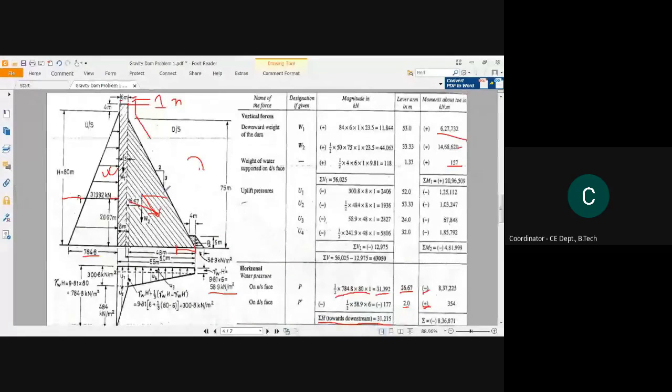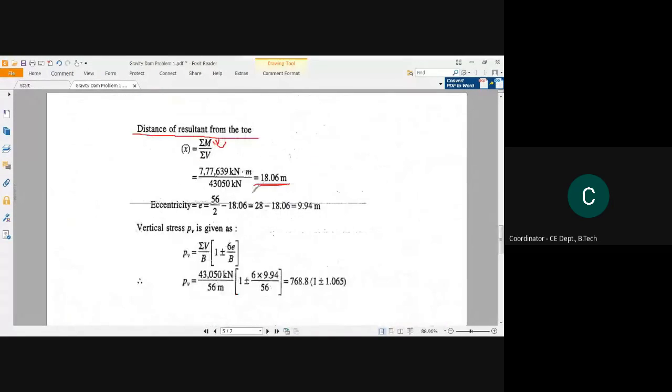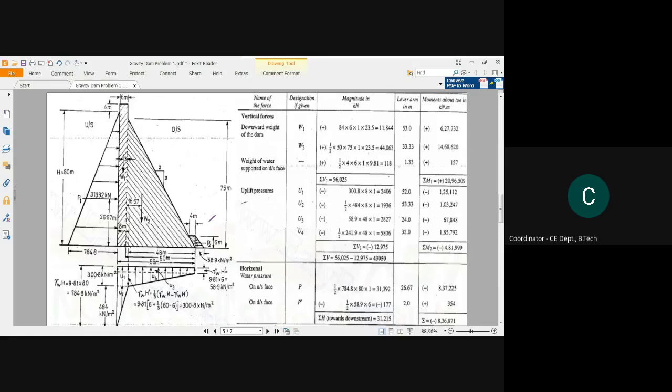Okay, so now we have got this value. Now we can easily calculate this eccentricity. So what will be the eccentricity? It will be b by 2 minus that x bar, the resultant force distance. So our total width was 56, so half of that minus this 18.602 will give me this eccentricity.